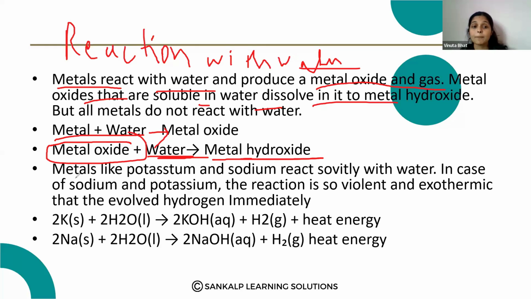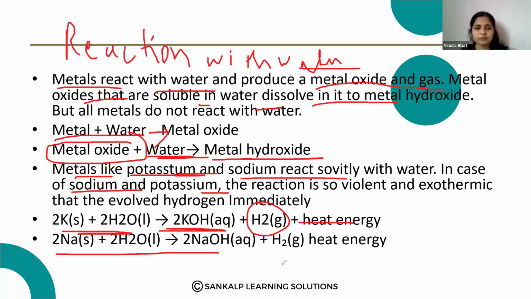Then metals like potassium and sodium react with water. In the case of sodium and potassium, the reaction is violent and highly exothermic. When water reacts with potassium, it forms potassium hydroxide and hydrogen gas, and heat energy is released.